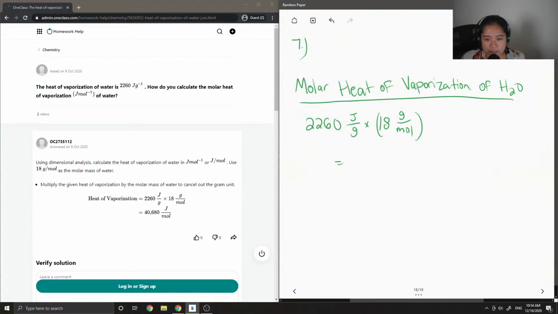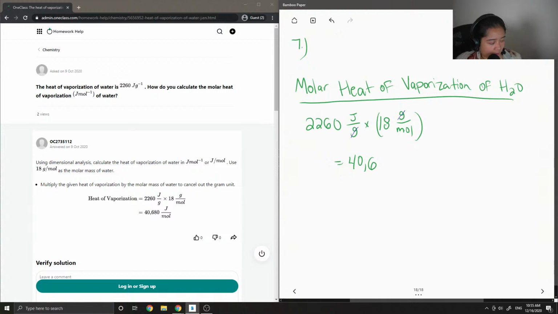That's why molar heat of vaporization is interesting to use, because this is dependent on how many moles of water there are in the system. So this value will be the same throughout, like in any of the tables that you might get in your test or in a textbook.